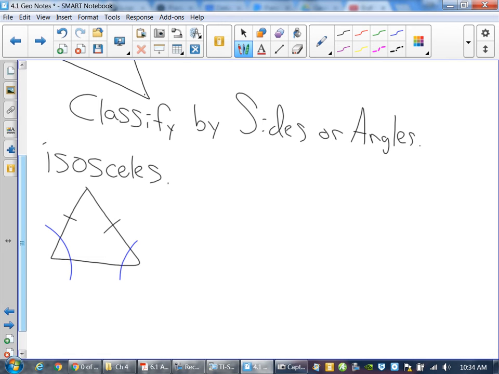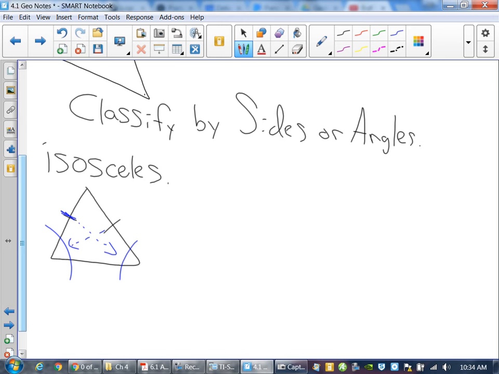So what happens when you're dealing with an isosceles triangle? Yeah, absolutely. So what happens here is with an isosceles triangle, when you have your side lengths that are congruent to one another, when you put your tick marks in, they're kind of pointing at what are called base angles. Okay?